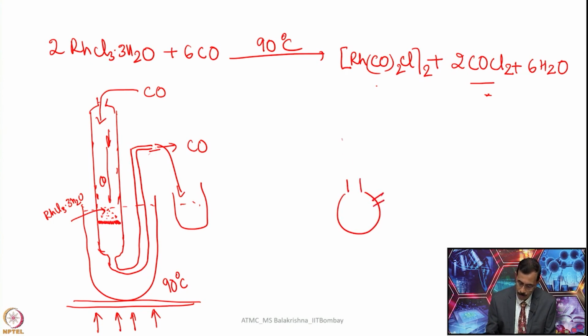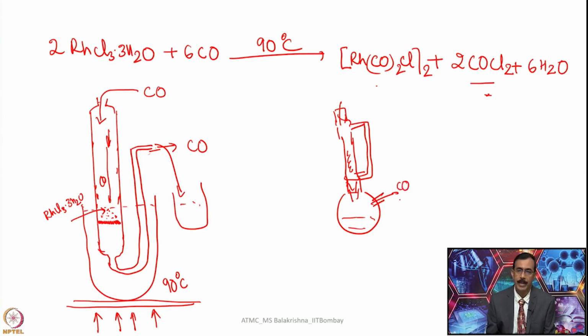When you add sulfuric acid using a pressure equalizing dropping funnel, you can see a better picture in any of these books. Here you have sulfuric acid, when you are adding dropwise to the formic acid, CO will come, and this CO may carry moisture.